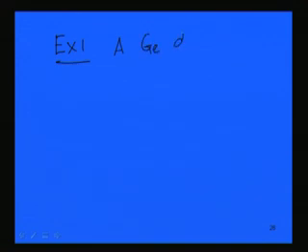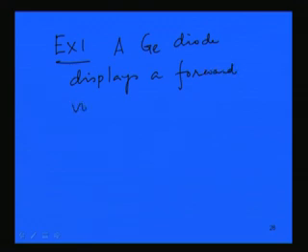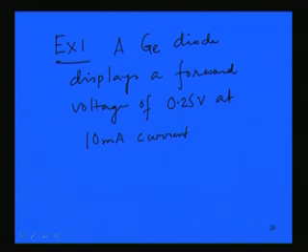A germanium diode displays a forward voltage of 0.25 volt at 10 milliampere current at room temperature, which is 300 degree Kelvin. Standard room temperature is taken at 300 degree Kelvin. Now, find the reverse saturation current.